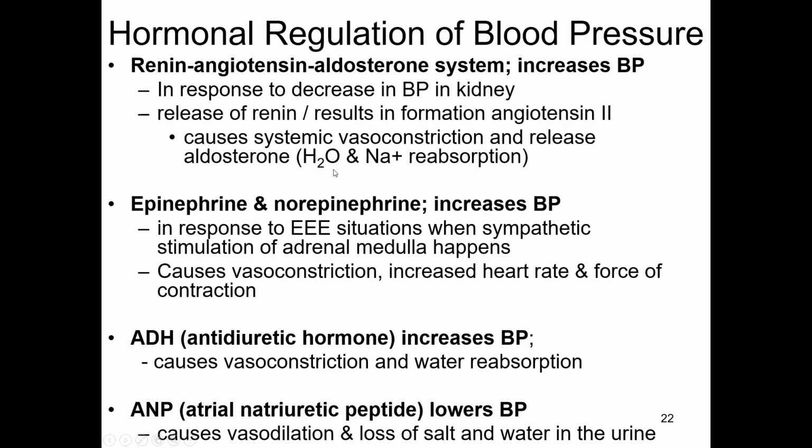So using a different hormone, we achieve a very similar effect to antidiuretic hormone. We are increasing blood volume through the action of aldosterone. Increased blood volume will lead to increased venous return, and our right ventricle will respond with higher stroke volume.